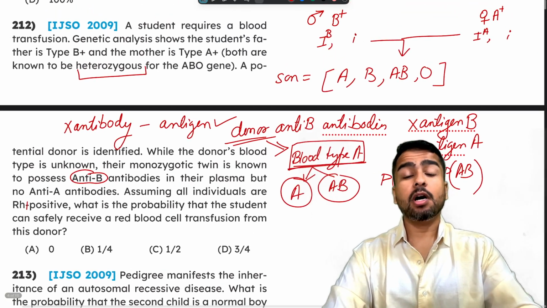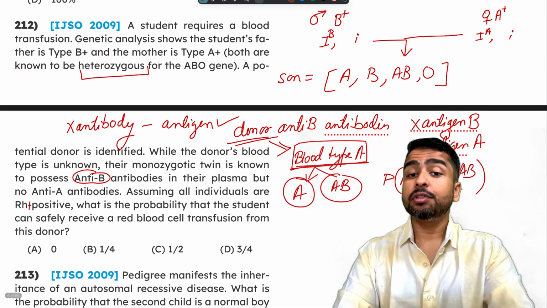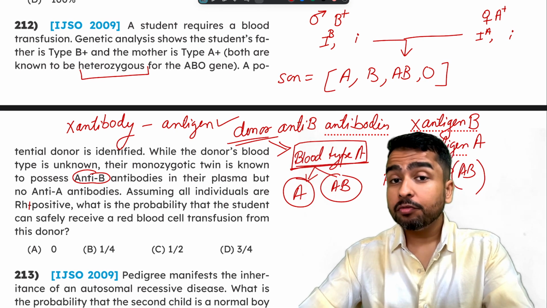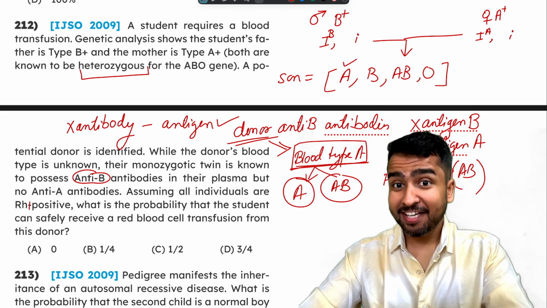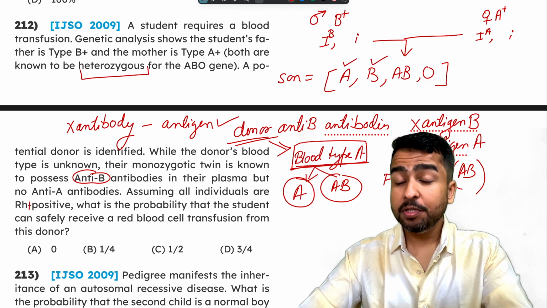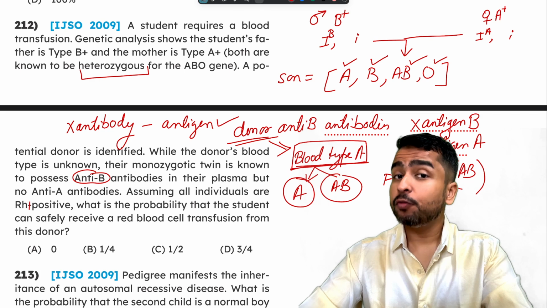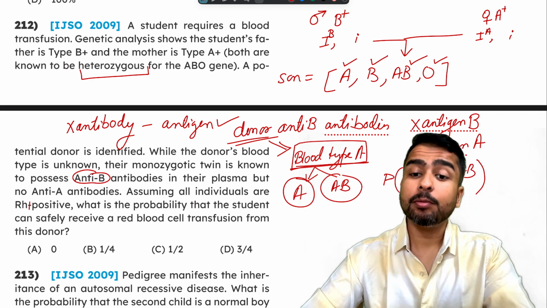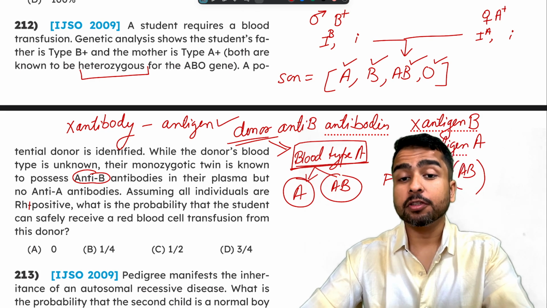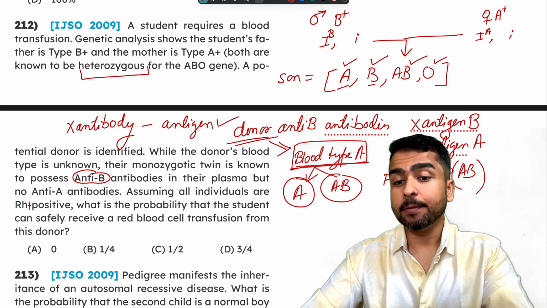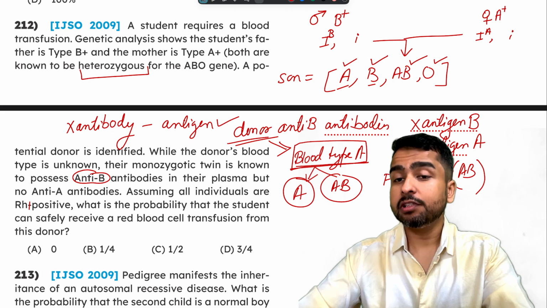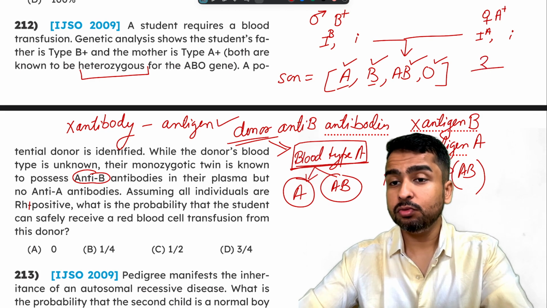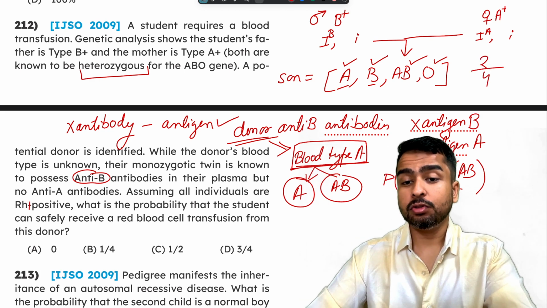Now let us go back to our original thing. What were the possibilities of the son? A, B, AB, and O. So there were four possibilities. And what are our favorable possibilities? The favorable possibilities are A and AB.